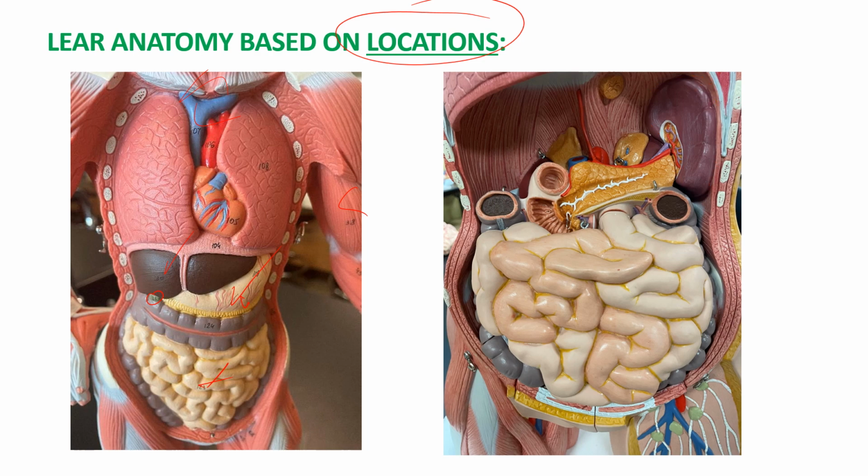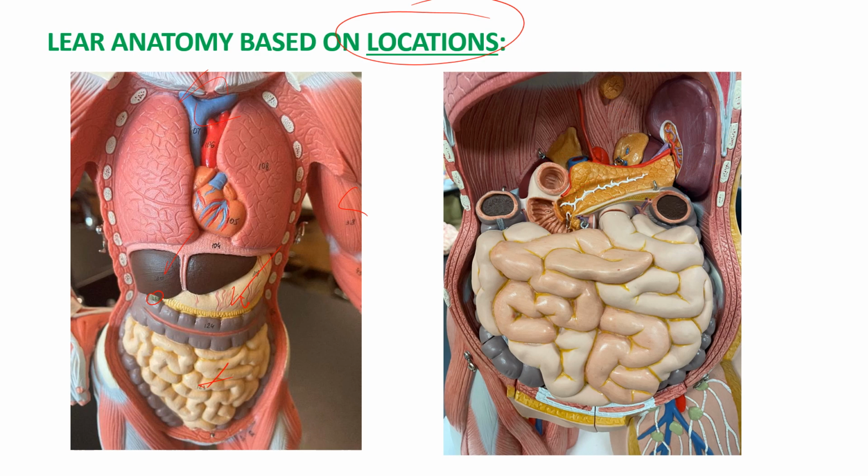Keep in mind that the spleen is always beside the stomach. If we draw the stomach here, the spleen is beside it. If you have the stomach, sometimes you might see just a little portion of the spleen, but not all the organ, because in order to see the entire organ, you need to remove the stomach.